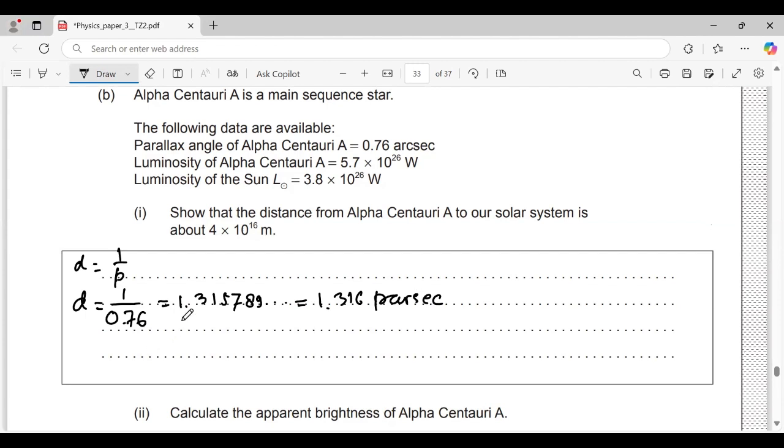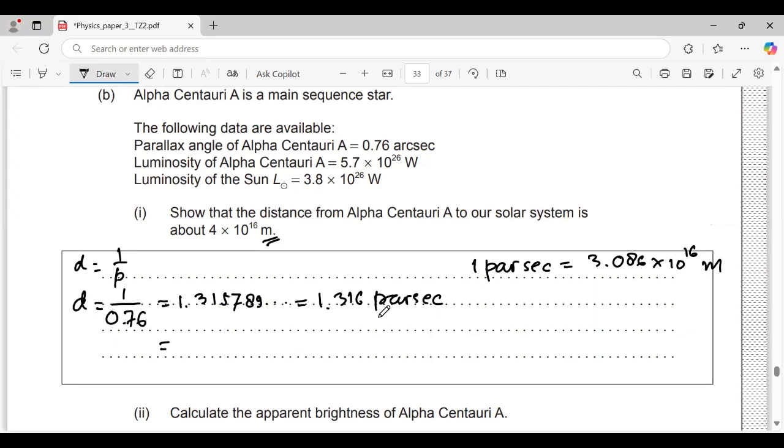Okay, next. The unit should be in meters. It means we are going to convert 1.316 parsecs into meters. Just for information, 1 parsec is equal to 3.086 times 10 power 16 meters.